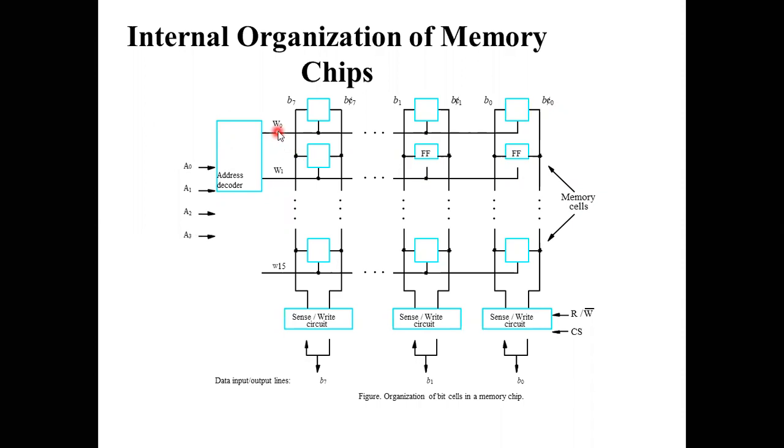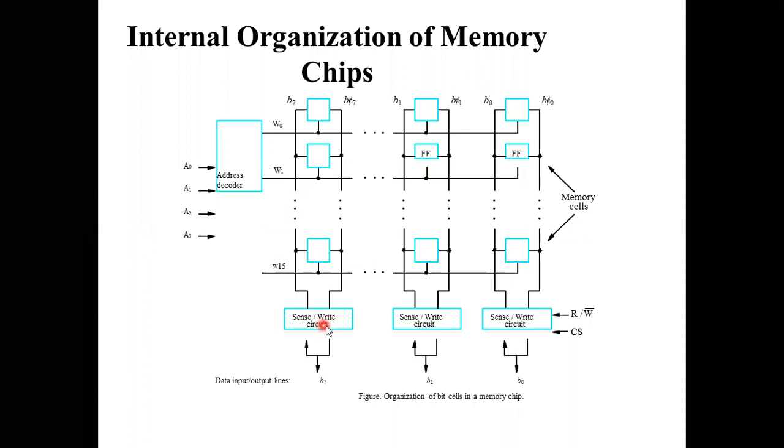So this W0 will be called one word. This W1 is again called the second word, and here you will see W15 is called the 15th word. In this way, all these memory cells have been connected to each other so that they form one word, second word, third word, and up to the 15th word.